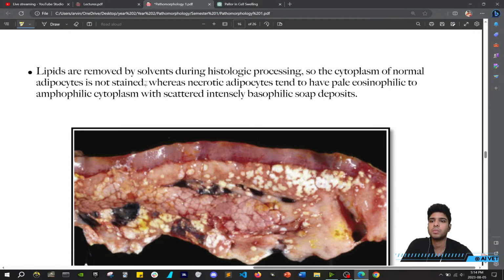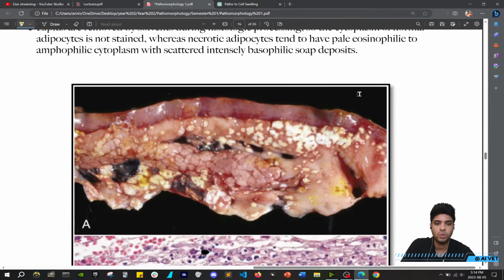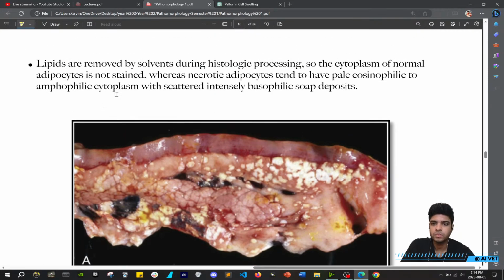Whereas necrotic adipocytes tend to have pale eosinophilic to amphophilic cytoplasm, scattered intensely basophilic soap deposits. Wow, this is the chalky white deposits, I think.